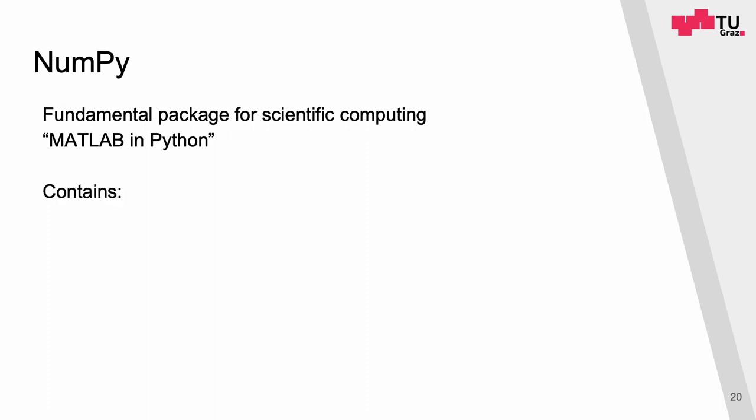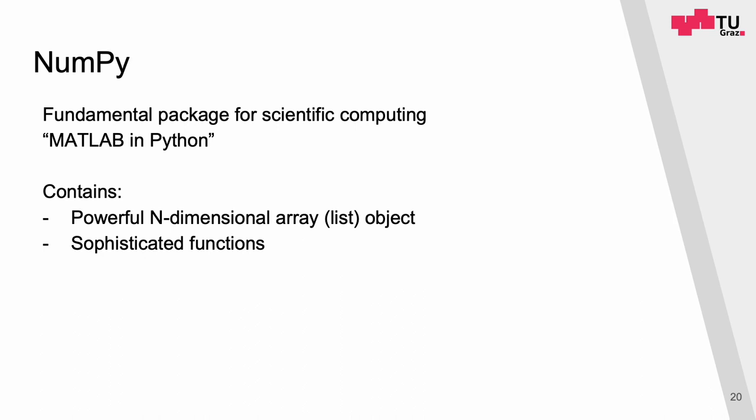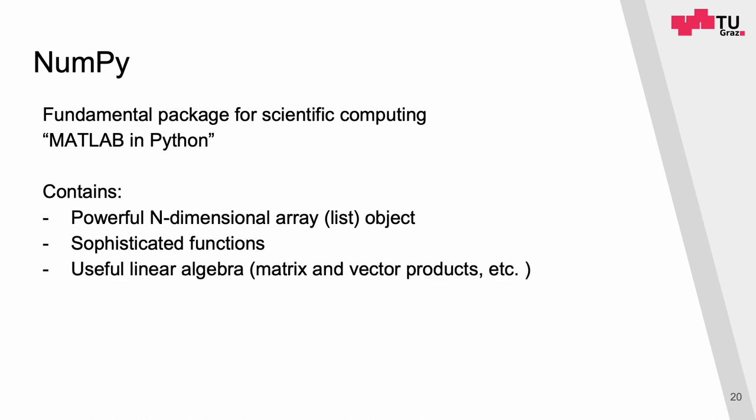So it contains a powerful n-dimensional array object, and this is the main object of NumPy. It also has some sophisticated functions which you can apply on those n-dimensional arrays, and it also implements some very useful linear algebra like matrix and vector products. And last but not least, it also contains some powerful random number generation.